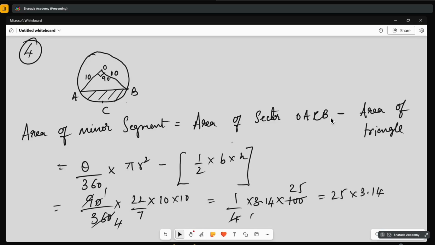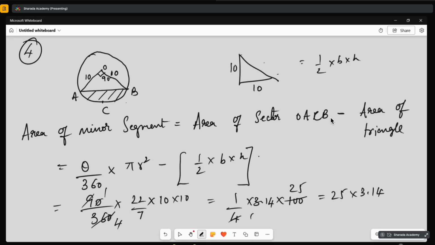Listen, in any right angle triangle, leaving the hypotenuse, one will be the base, the other will be the height. Okay. So any right angle triangle, it's like this, no? So this one will be the base, the other is the height. What is the hypotenuse? You can leave that for finding half into base into height.